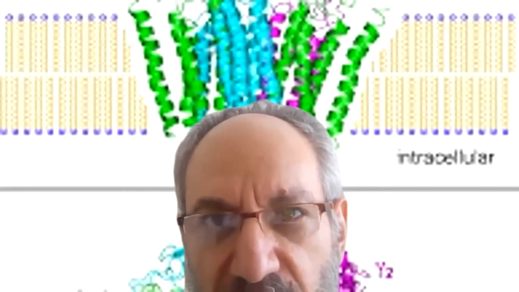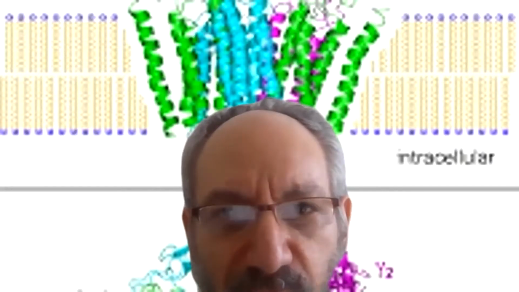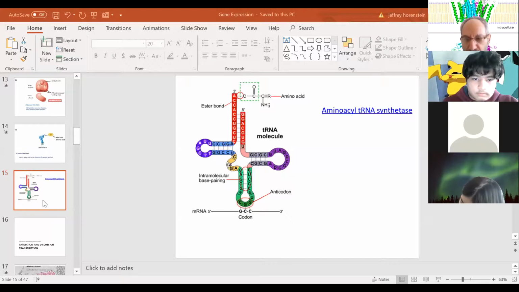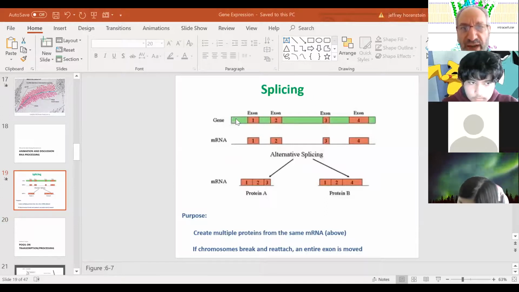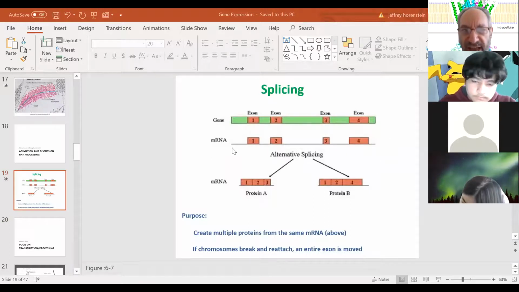And the example of that would be here. So here's our initial transcript. It's this big. And now here, I'm sorry, this is the gene. Here's the RNA. But anywhere here, here, here, here, and there, they're cut out and discarded.